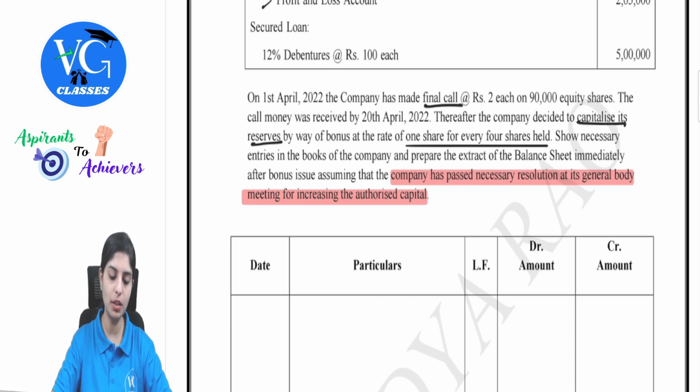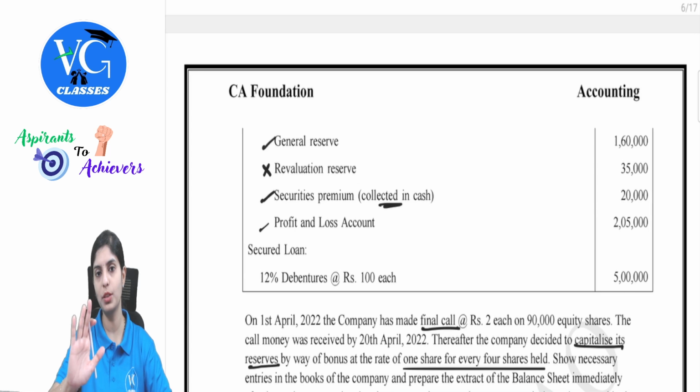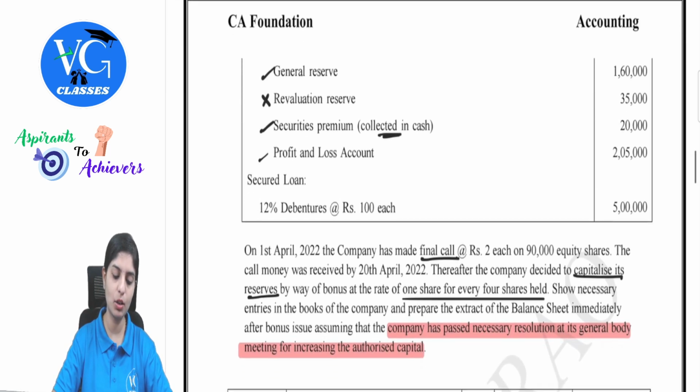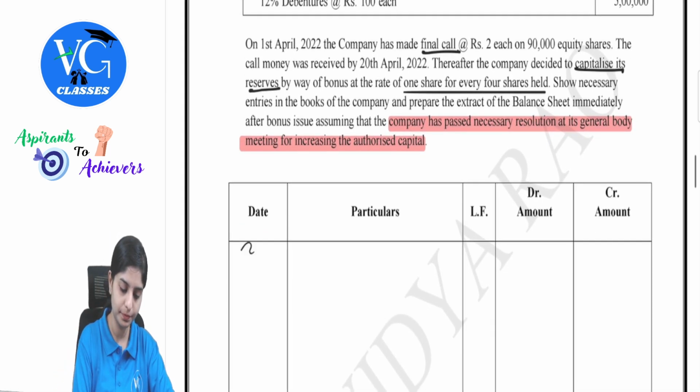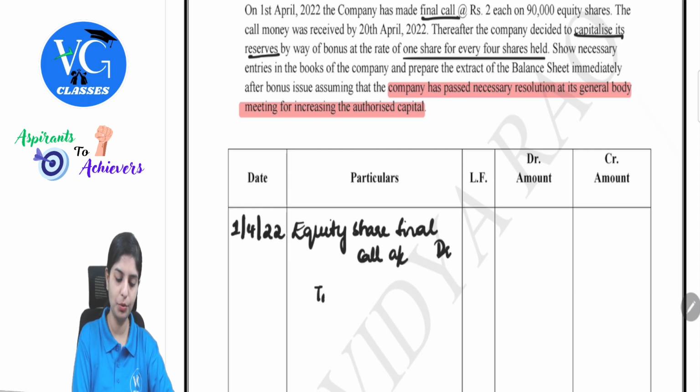So first, if you observe what all reserves can be utilized, this is conversion of partly paid shares into fully paid. So only free reserves are eligible. I hope this is clear. So first, let's make the call money due. 1st April 2022, equity share final call account debit to equity share capital account.